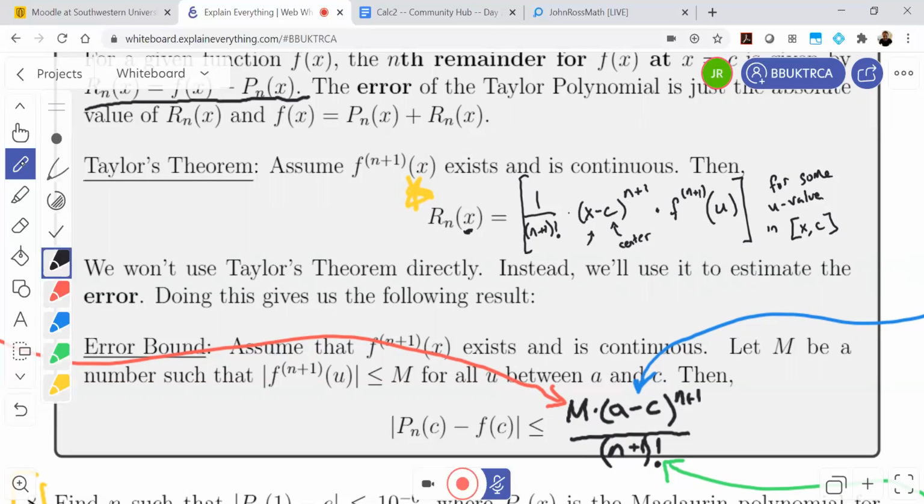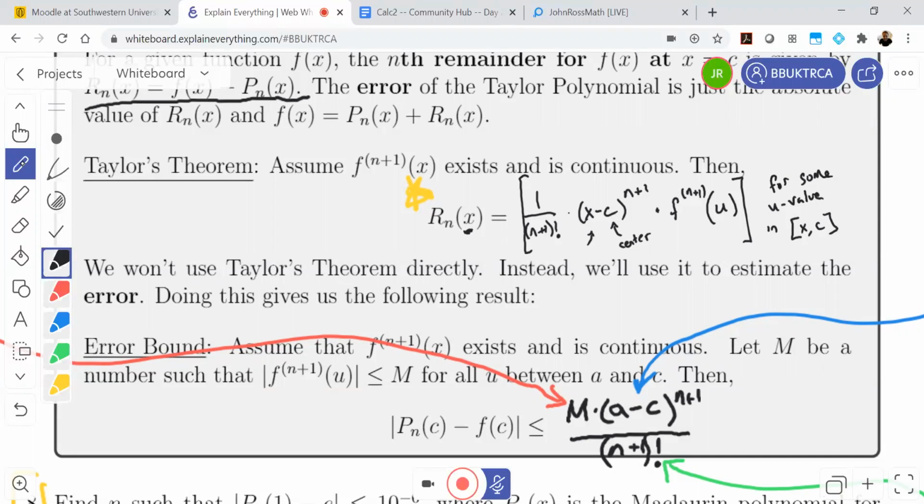And this should feel of a similar kind of statement as something like the intermediate value theorem or the mean value theorem or an average value from earlier this semester, right? What we're really saying is that here's the point where our polynomial is centered, here's our c value, and here's the x value where I'm estimating the error.